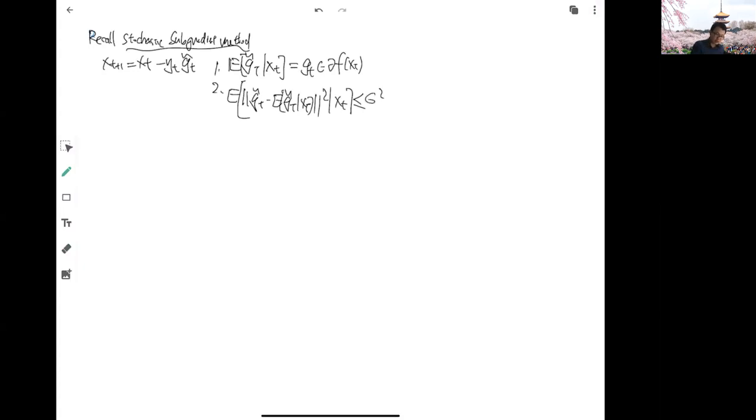Okay, and then we also assume that this function f is convex and G-Lipschitz. Okay, so in our previous analysis, we showed that the stochastic subgradient method satisfies a convergence rate that is slow.